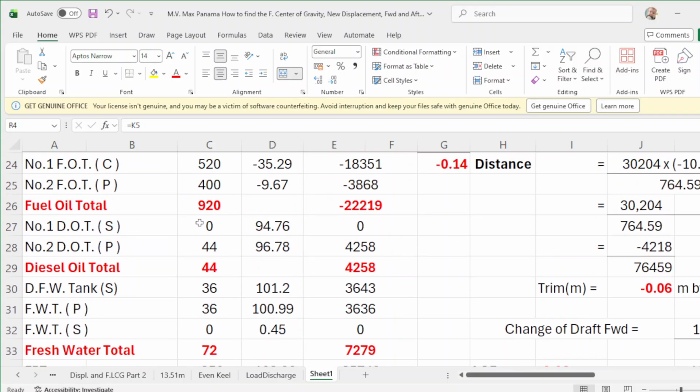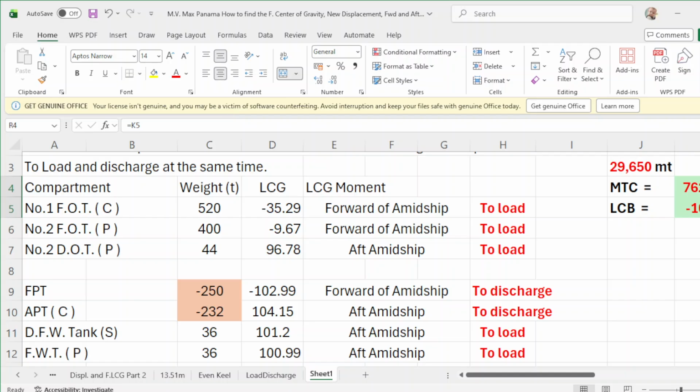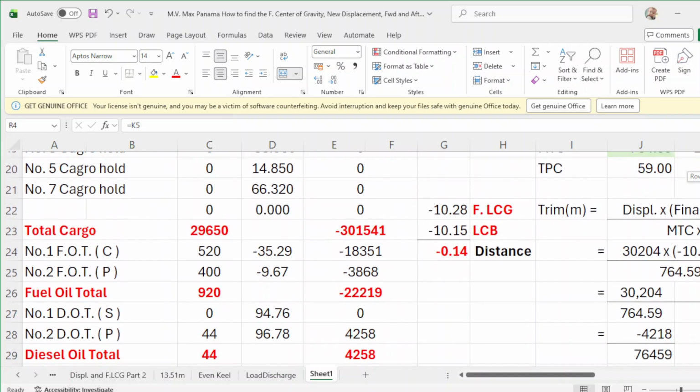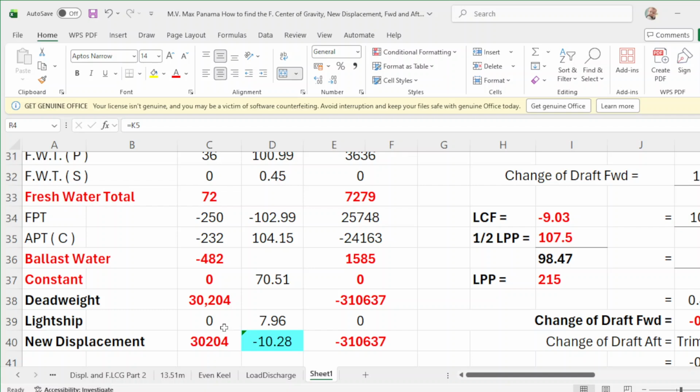So putting all these figures in your stability sheet, your deadweight would be 30,204, and this will be your total LCG moment. No need to put the line shift or the constant. Then your new displacement is 30204, and the new LCG moment is negative 310637. Okay, and this will be your new LCG.